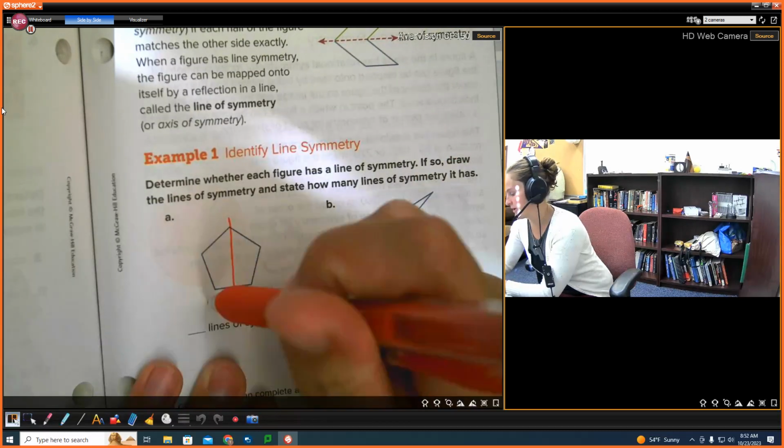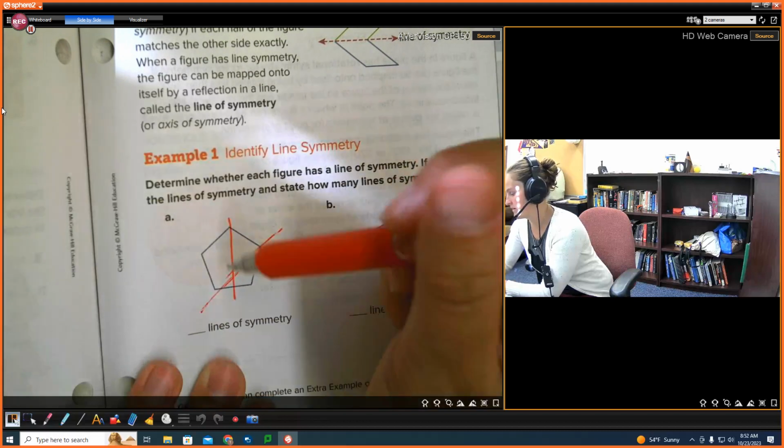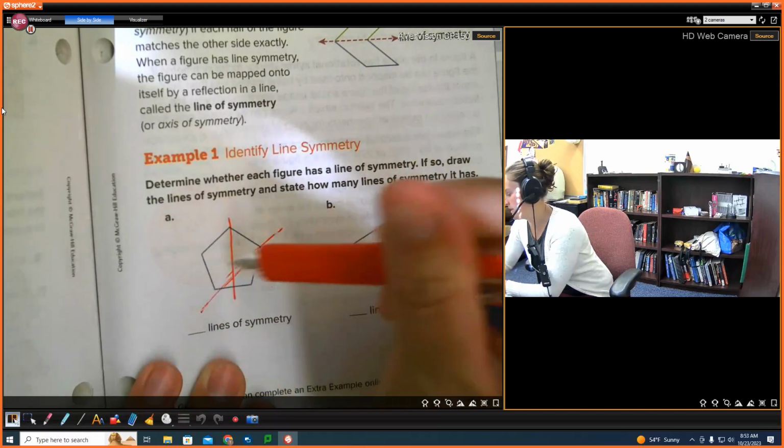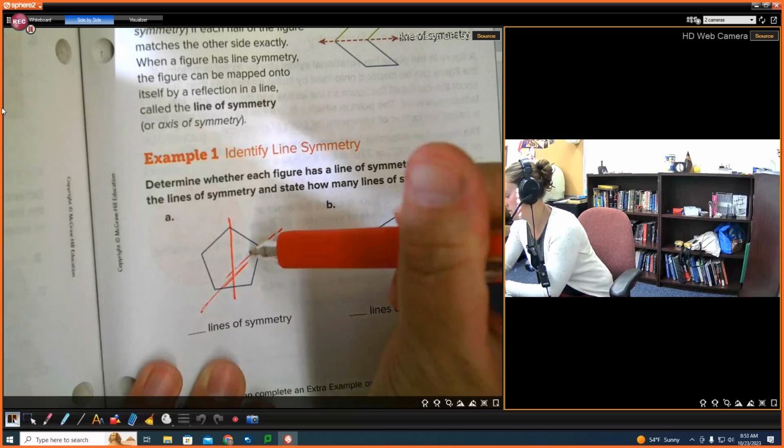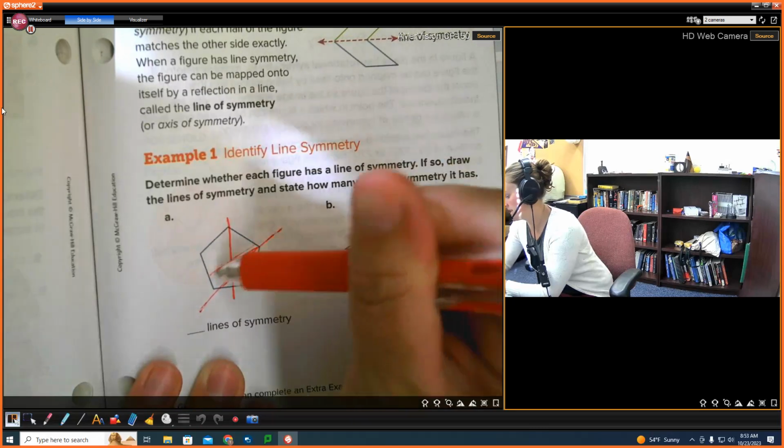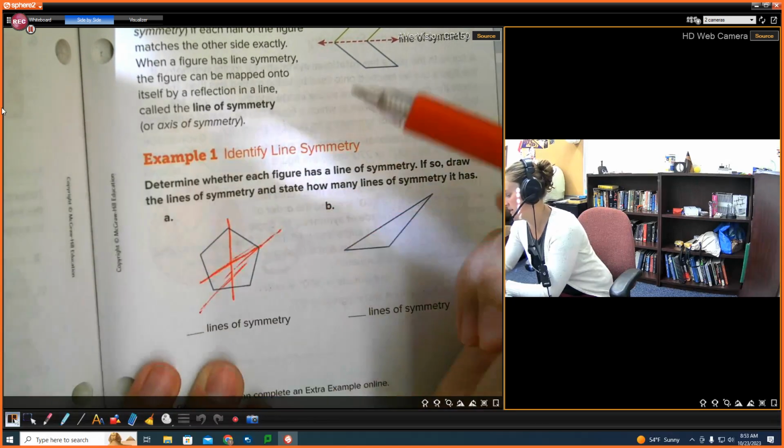Right, this wouldn't work. What if we did it this way, through the middle there?